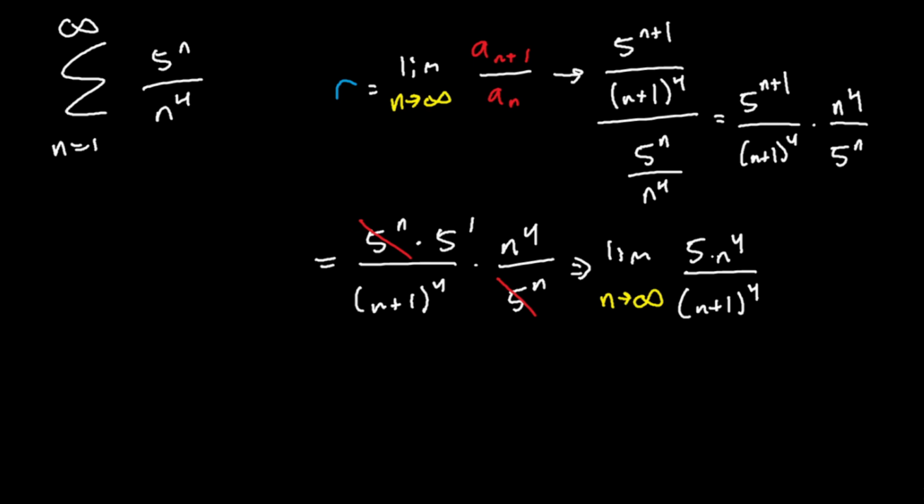So this becomes the limit as n approaches infinity of 5 n to the power of 4 over n to the power of 4. n to the power of 4 is your highest exponent if you expand this. Well, what does this become? This simply becomes 5, because the n to the power of 4 cancels out in the numerator and denominator. Here's the thing about this: 5 is equal to r, correct?